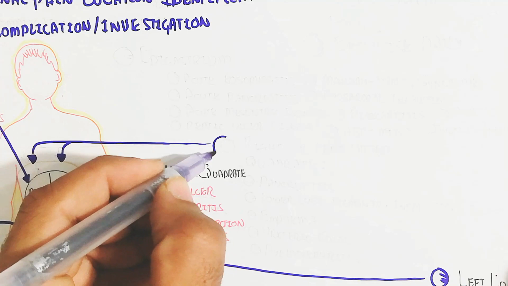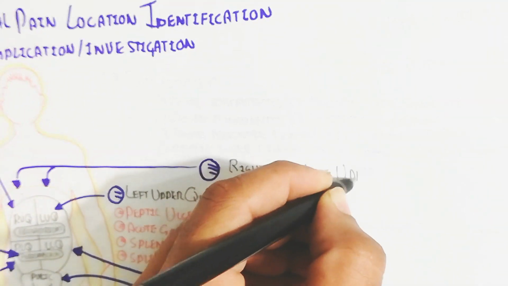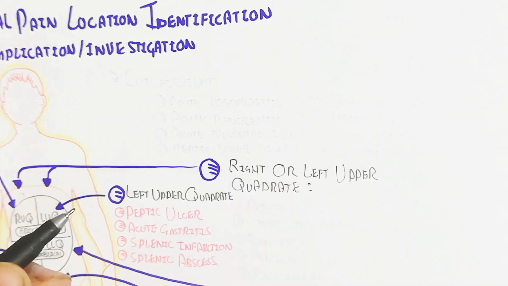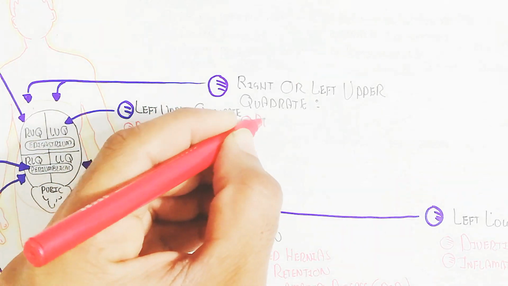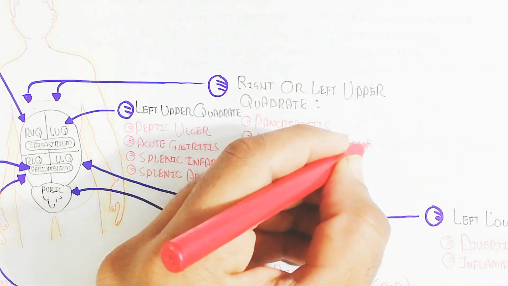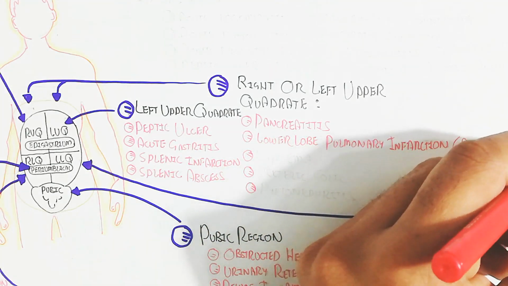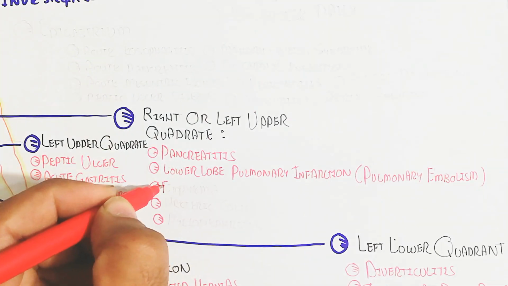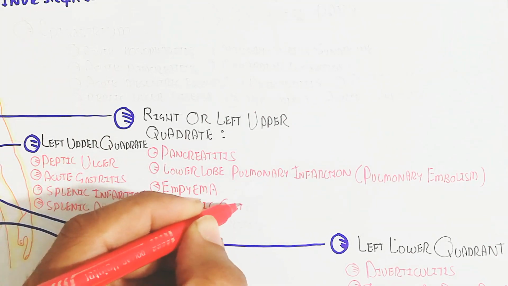Let's begin to understand the right and left upper region, which involves pancreatitis or pancreatic cancer, lower lobe pulmonary infarction, pulmonary embolism, emphysema, ureteric colic, and pyelonephritis.